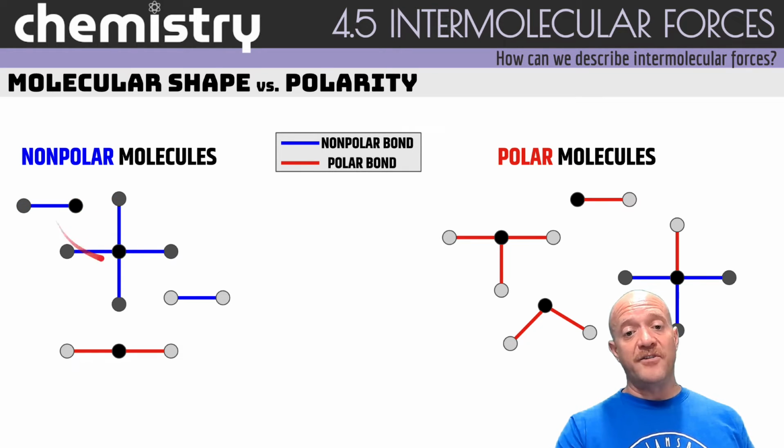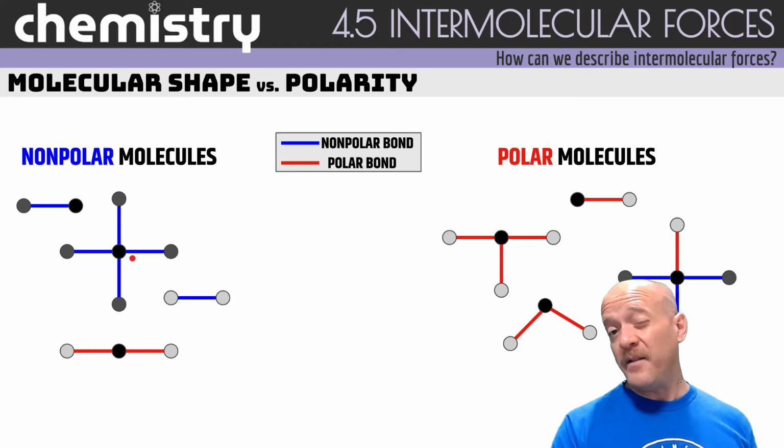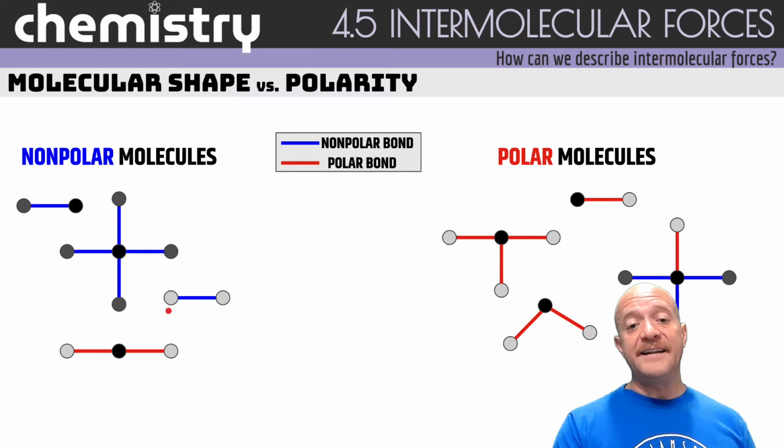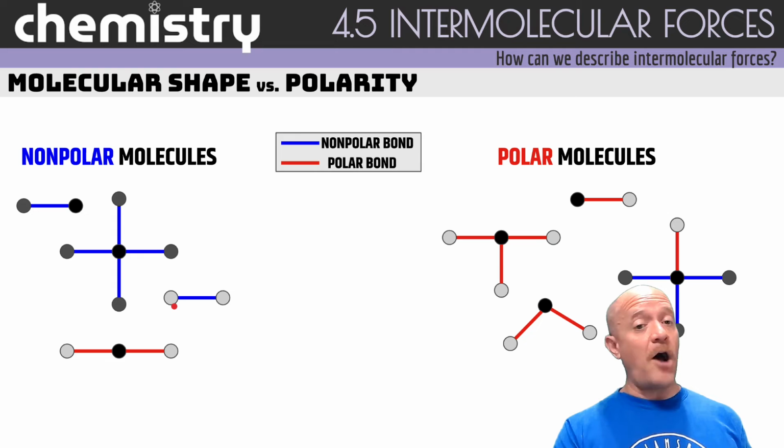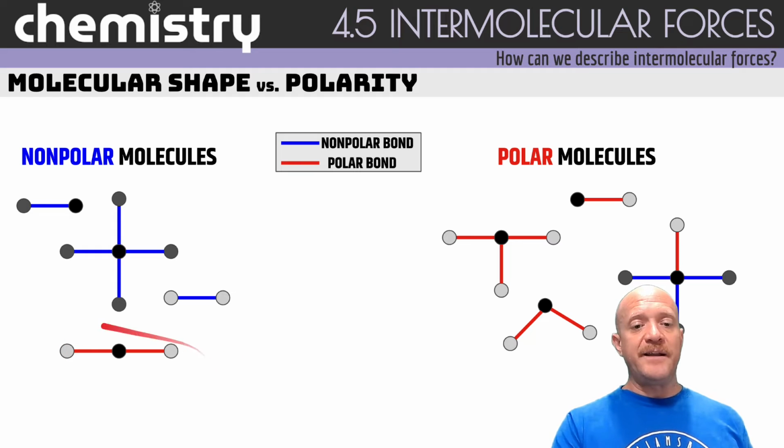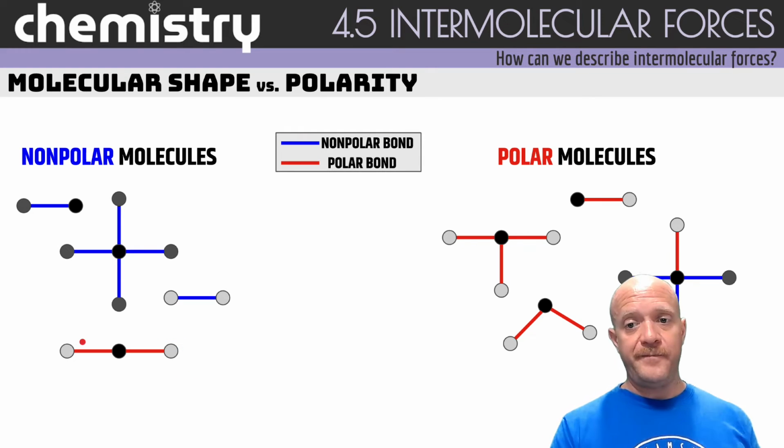Because these bonds are all nonpolar, it is a nonpolar molecule as well. This would represent a diatomic. Anything diatomic is automatically going to be nonpolar. And this is an example of something that shows symmetry. Because this shows symmetry, these polar bonds actually would be a nonpolar molecule.